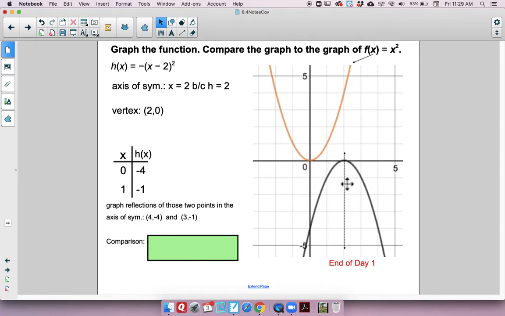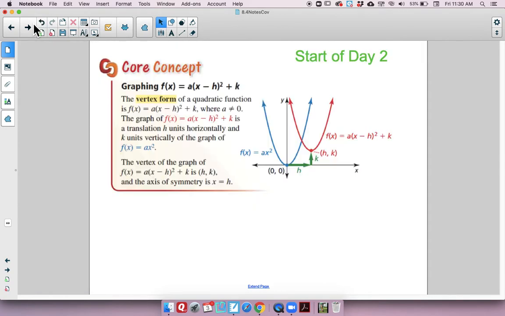That's 1 unit to the left of the axis of symmetry, so we could plot another point right there. So what would our comparison be? It's a reflection in the x-axis, and a horizontal translation 2 units to the right. In other words, starting from here, we would have flipped it over, and then slid it over.